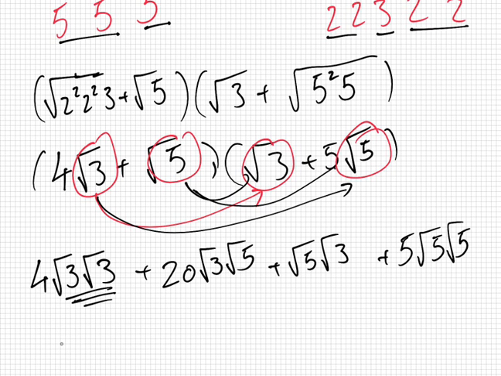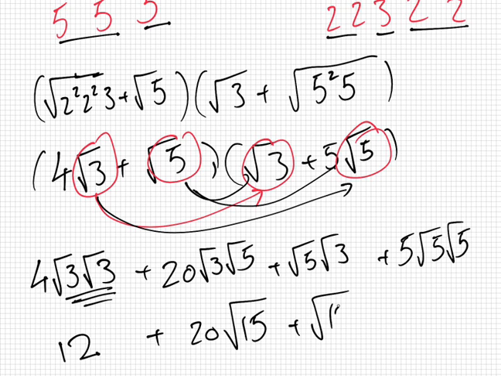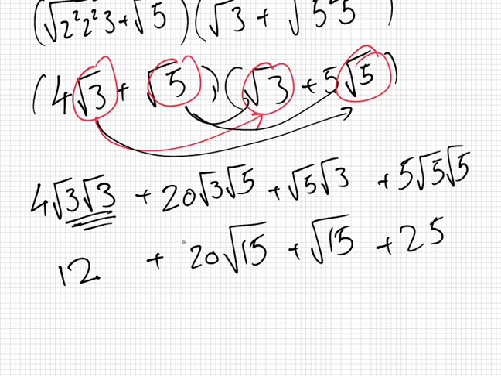Yeah. So this is actually just 12. This is 20 root 15. This is root 15. And this is 5 by 5, yeah, 25. So the answer will be 37 plus 21 root 15.